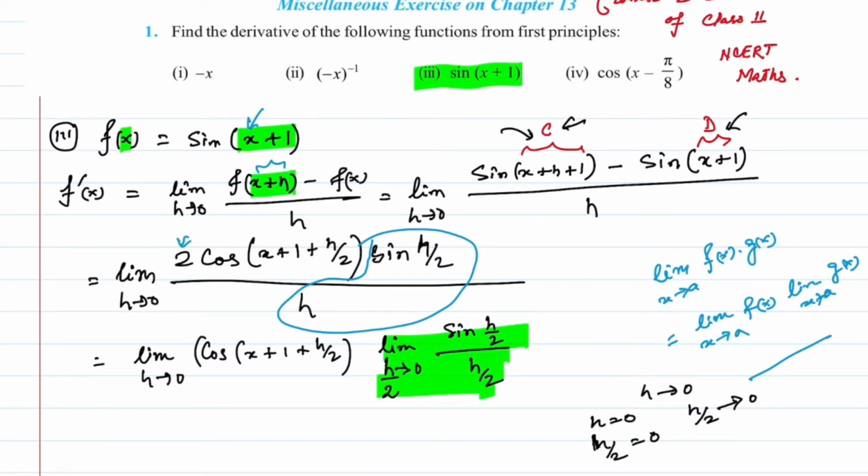We have already got that the limit of sine x by x when x tends to 0 is equal to 1. Using that standard limit, this part is equal to 1. Hope you have understood this.